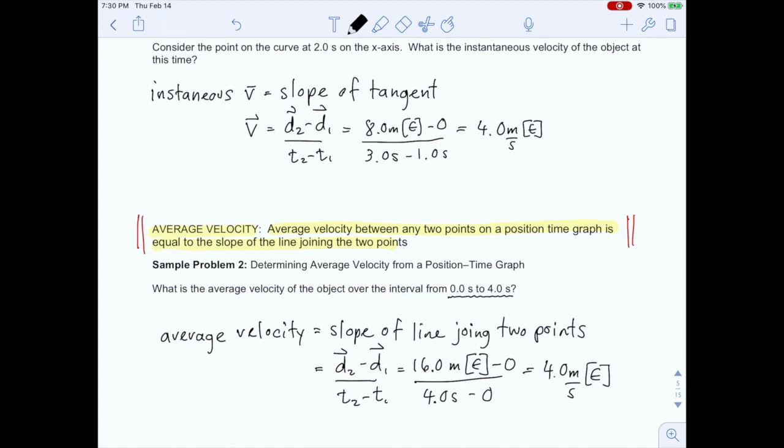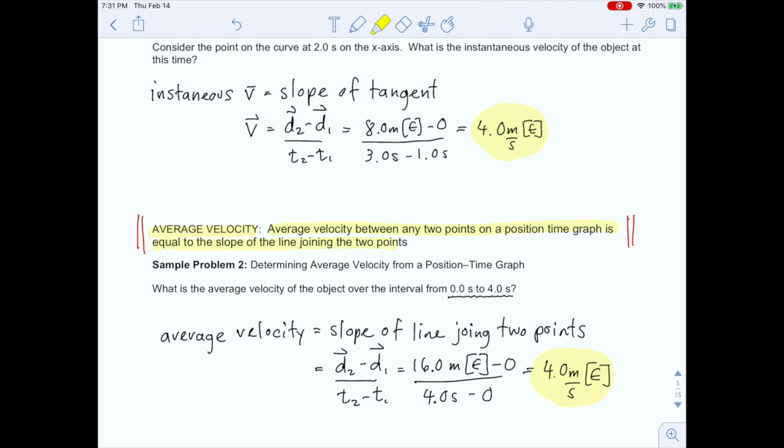In the example above, we found the instantaneous velocity at 2 seconds and it was 4.0 meters per second east. And the average velocity over the interval 0 to 4 seconds was also 4.0 meters per second east. Is this a coincidence? Is there a relationship between the interval 0 to 4 seconds and the point t equals 2 seconds?